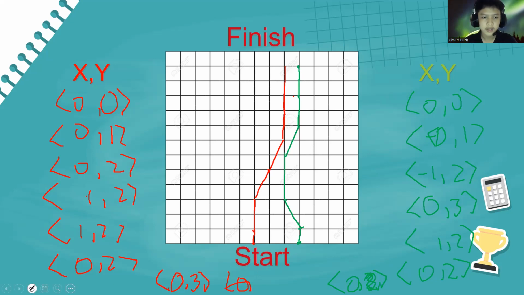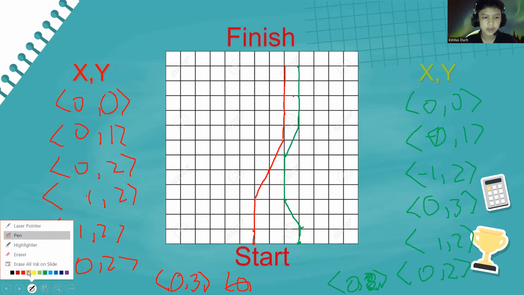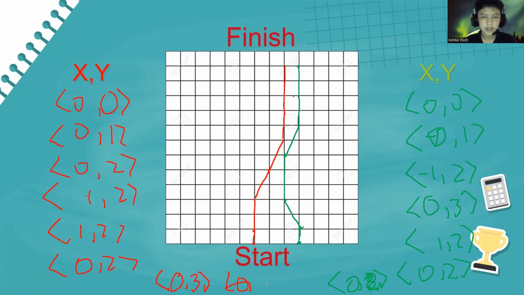0, 3. So what if the red player decided to increase by one more time? So 0 and 4. So 1, 2, 3, 4. And what if the green player decides to make his next move by only decreasing by the value of 1?